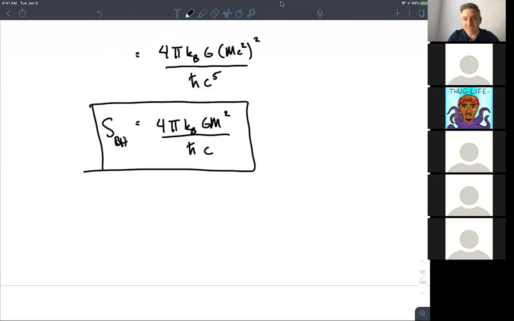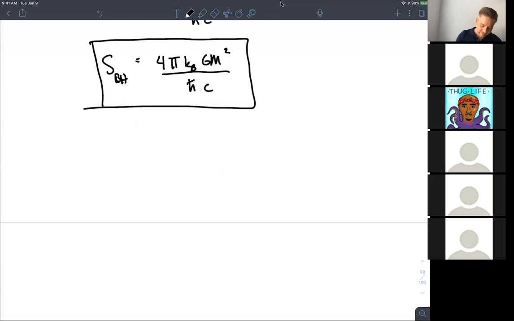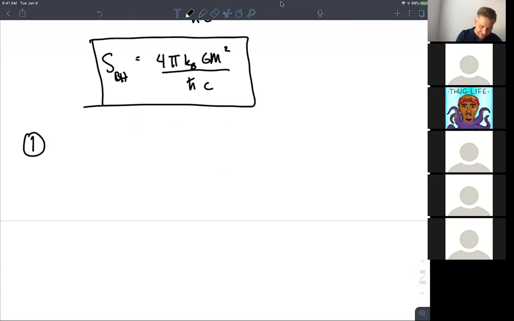Now we can make this look even cleaner. We'll remember two things here. The first thing we remember is that a black hole is going to be a sphere.